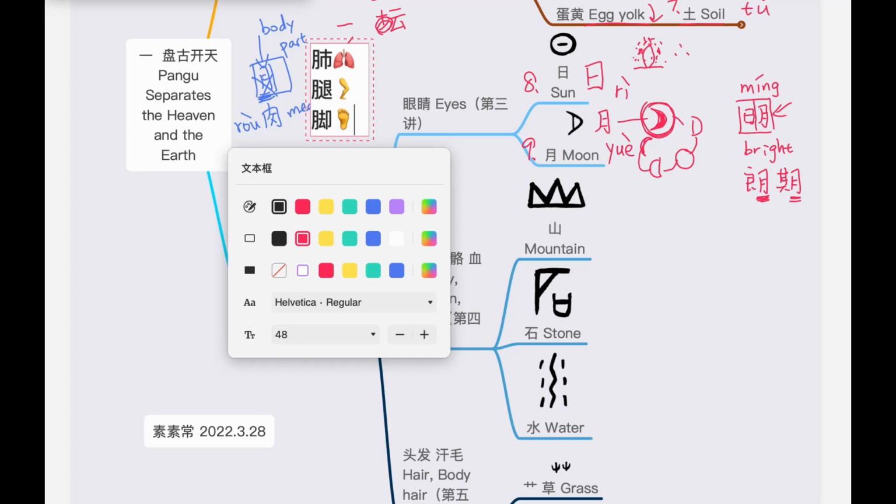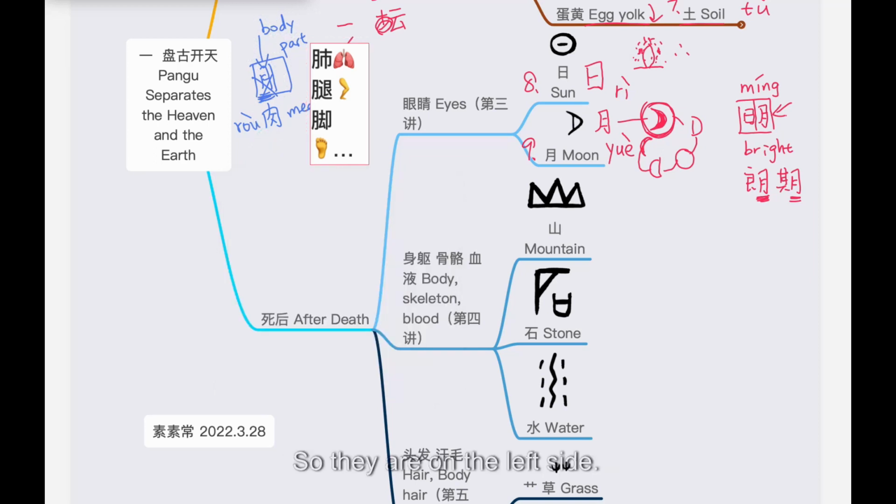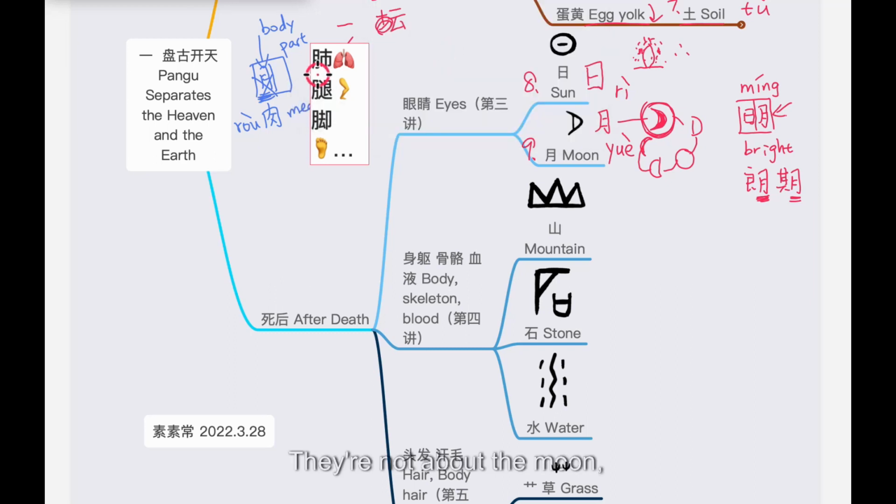Okay, and etc. Lots of examples. So they're on the left side. They're not about the moon. Okay, see, they're all on the left. Or even if it's on the bottom, this means kidney also, not the real moon. Real moon needs to go on the right, normally.